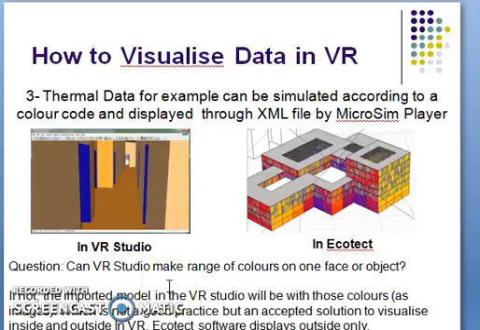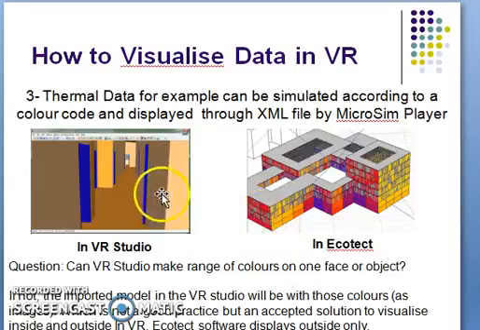So we can have different models: a model for solar analysis, for example, a model for energy analysis, another model for acoustics, and so on, with different images. We can load each model in Simulation Player, and visualize and walk through each model by itself. This image here is by Ecotect, and this one by Virtual Reality Studio.